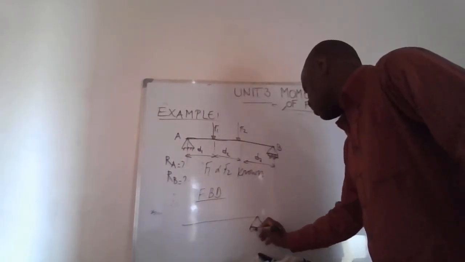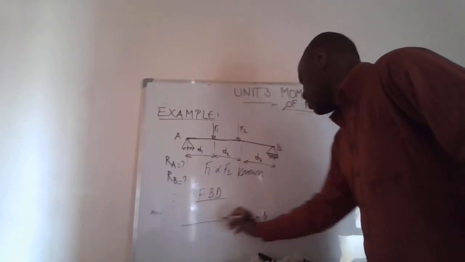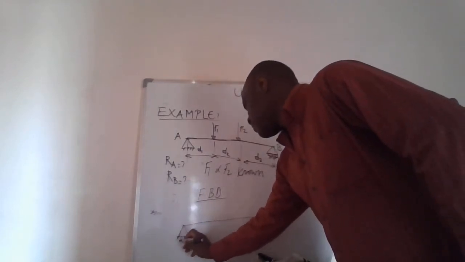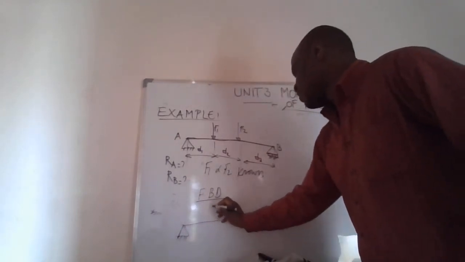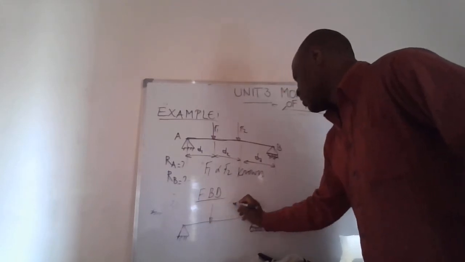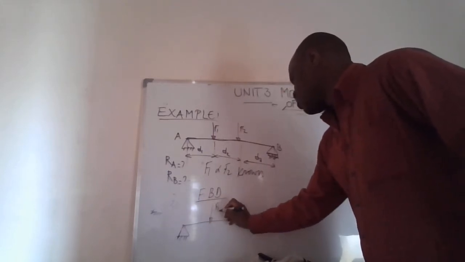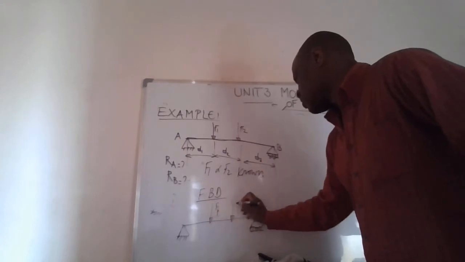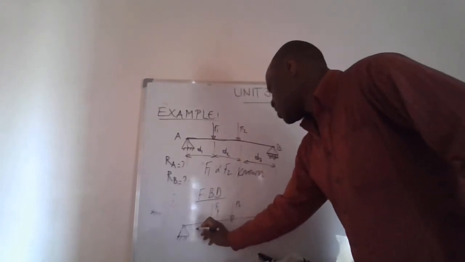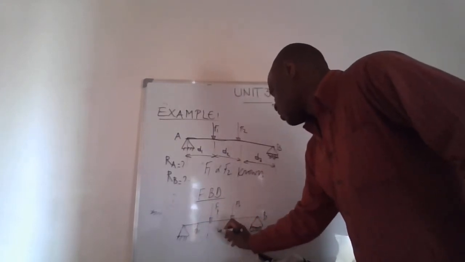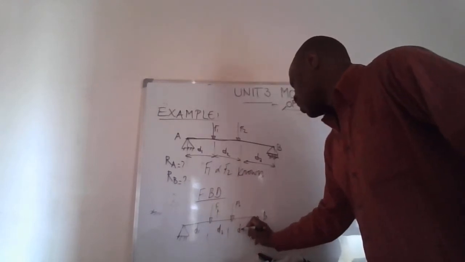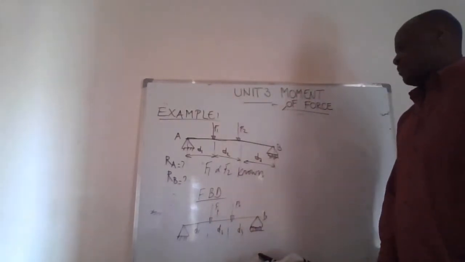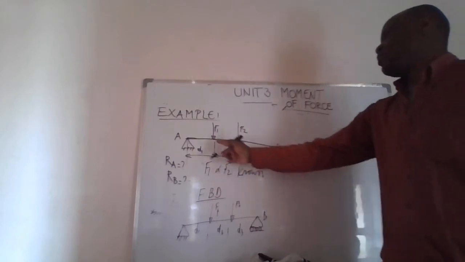Our roller support as it's at B, our pin support, we have F1, we have F2, and the distances are given, D1, D2, and D3.